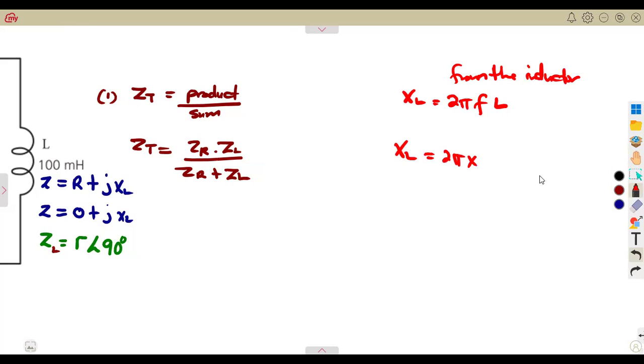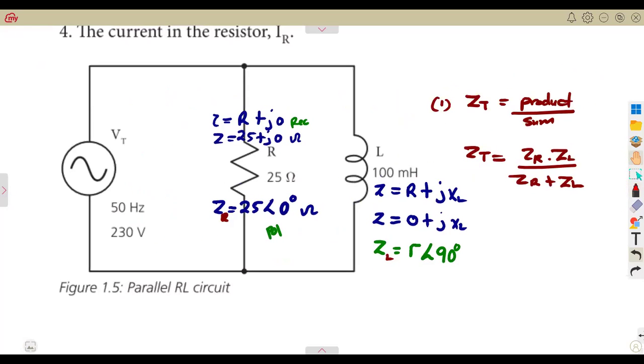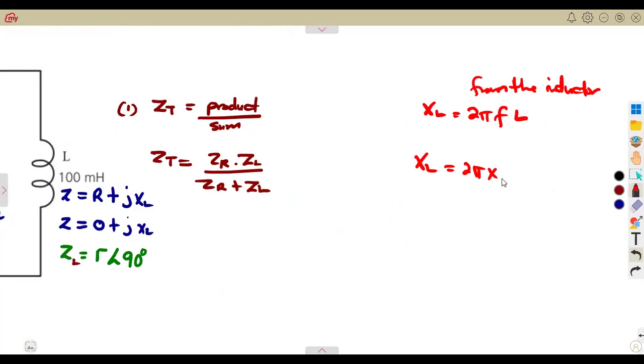So that's 2 pi times the frequency. Our frequency there is given as 50 hertz. So you're going to have 50 hertz times the inductance, which is 100 millihenries, so that is 100 times 10 to the exponent of -3. That is going to give us the reactance.